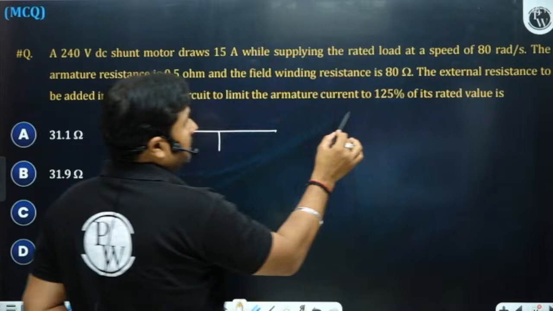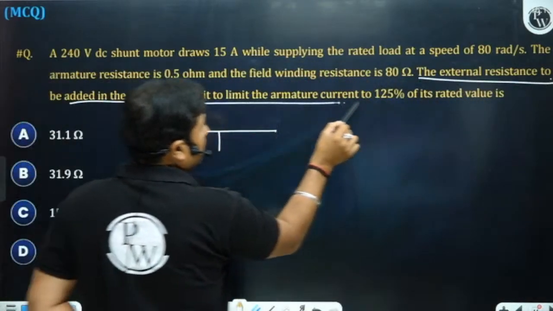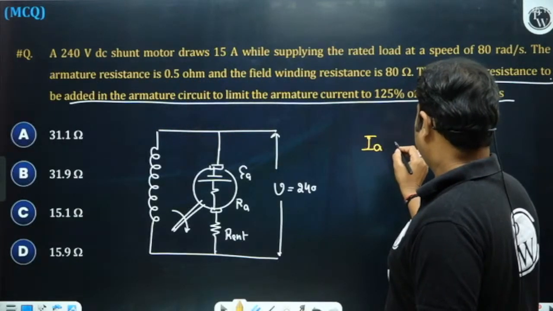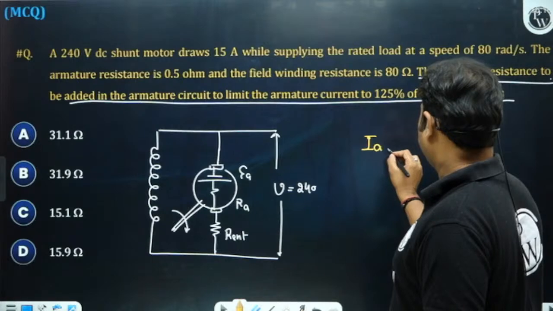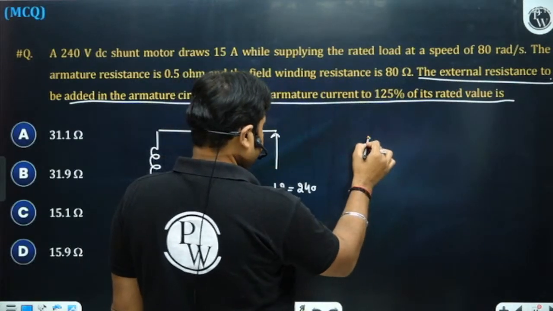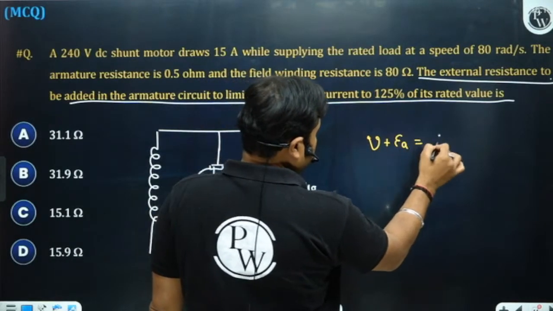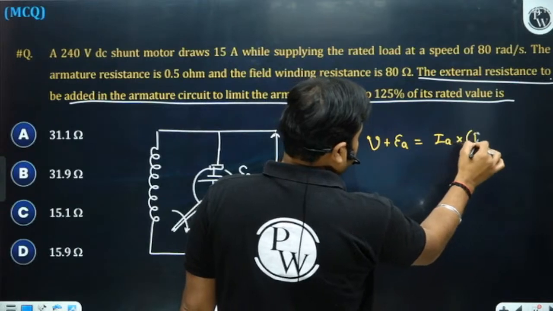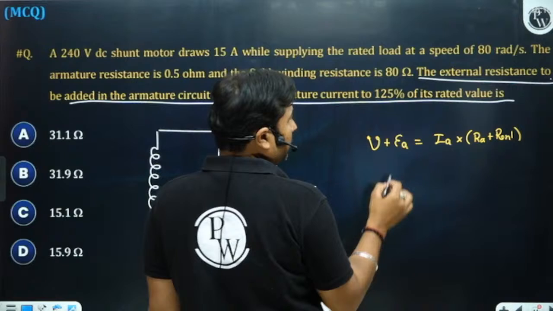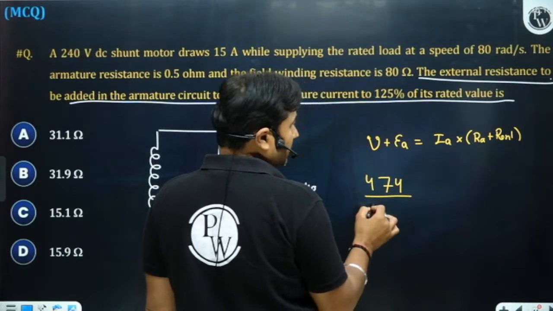Second part is for that. Please observe the external resistance to be added in series with the armature circuit to limit the armature current to 125% of its rated value. V plus EA is equal to IA into (RA plus R external). But the current has to be limited to 125% of the rated value. 474 is the plugging voltage at the instant of plugging.